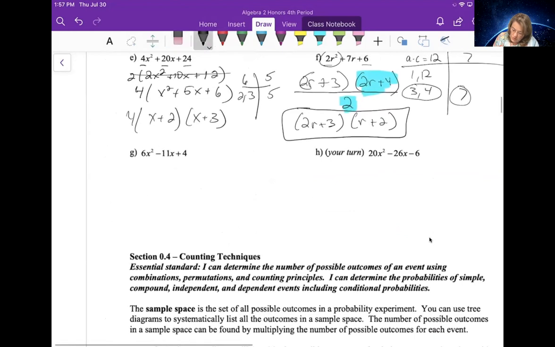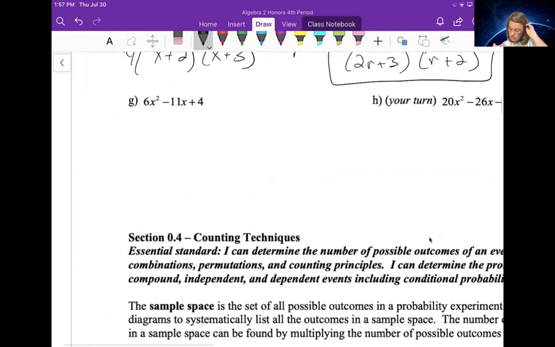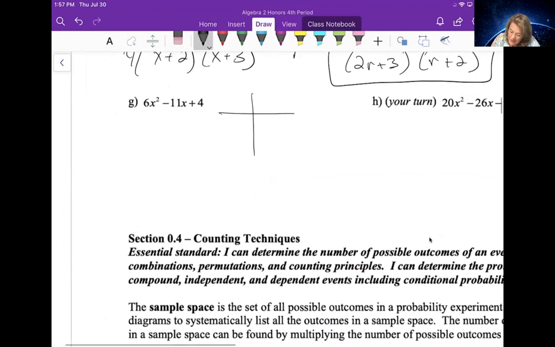Let's continue on. All right, so here is letter G. I'm in that format of ax squared plus bx plus c. I need to find a factor of a. I have to multiply a times c, which is 24. And the factors of 24 must add up to what?